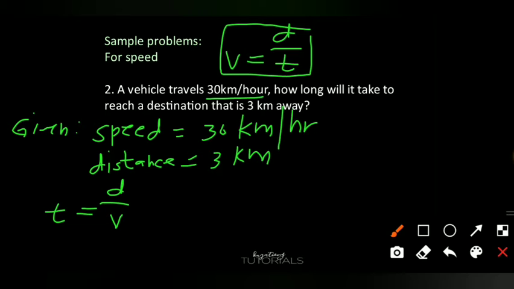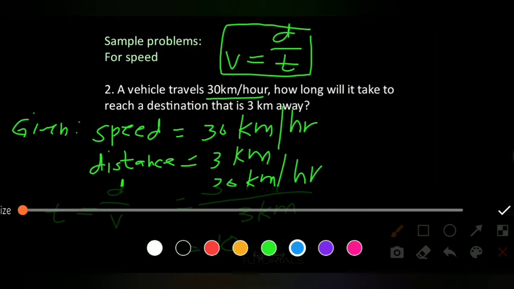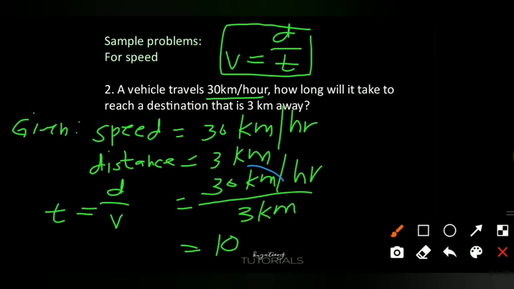Okay, so next, substitute na ta. So ang atong distance is 30 kilometers per hour over ang atong time is 3 kilometers. So 30 divided by 3, that is 10, right? Now remember, naa na tay duha ka kilometers ubos gibabaw.